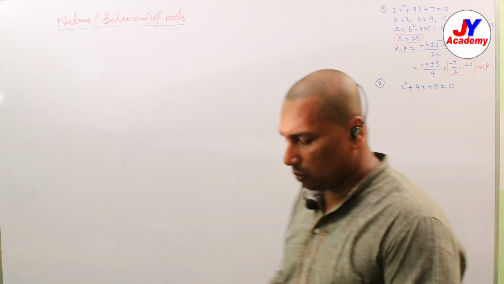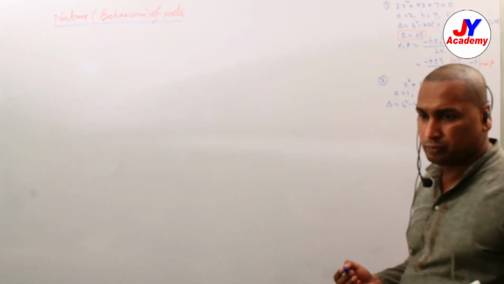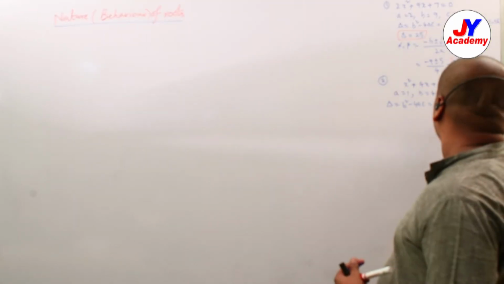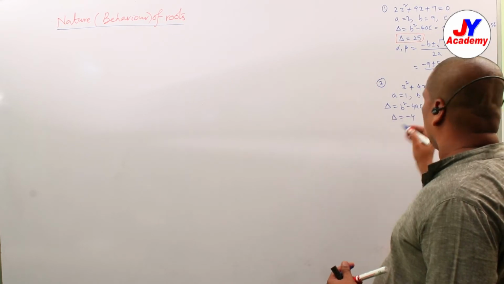So what is a? 1. What is b? 4. What is c? 5. What is delta? b square minus 4ac: 4 square minus 4 into 1 into 5, that is 16 minus 20. So delta is equal to minus 4.